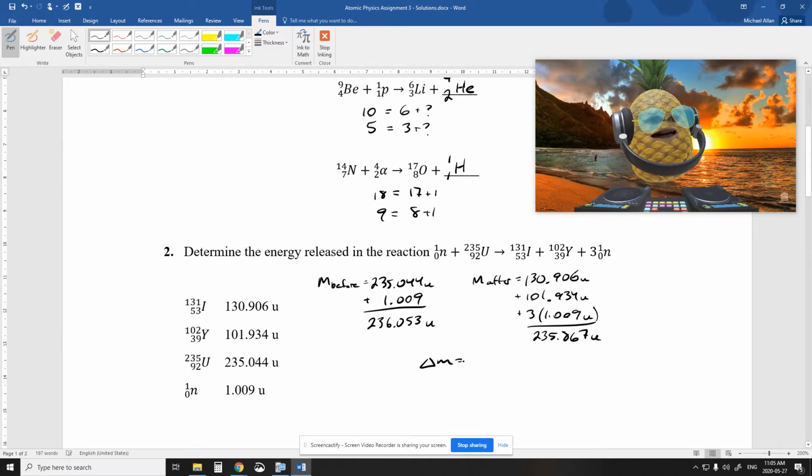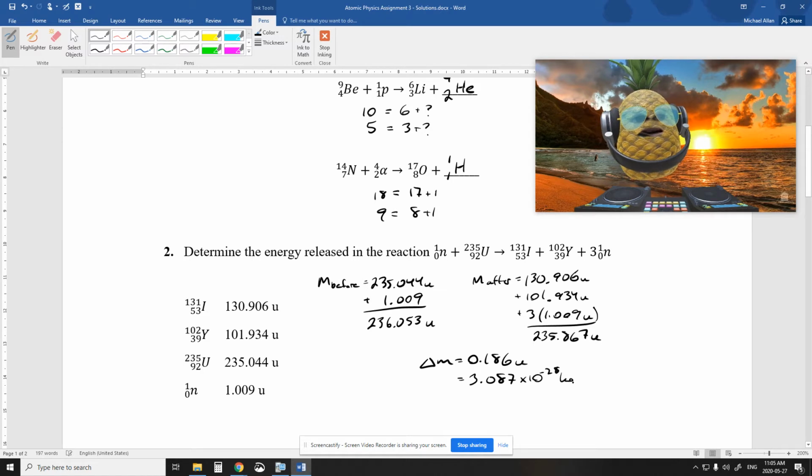So let's find out how much mass we lost. I'm going to minus these two numbers. 0.186 atomic mass units. We times it by 1.66 times 10 to the negative 27. 3.087 times 10 to the negative 28 kilograms.